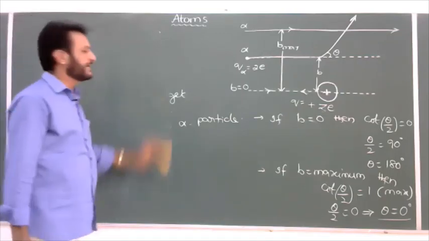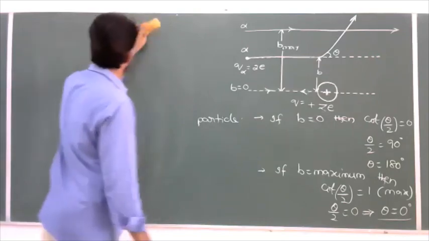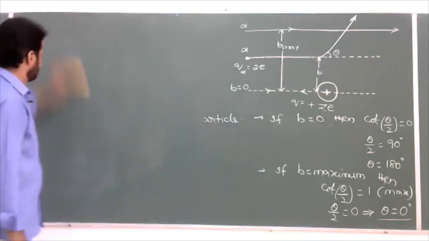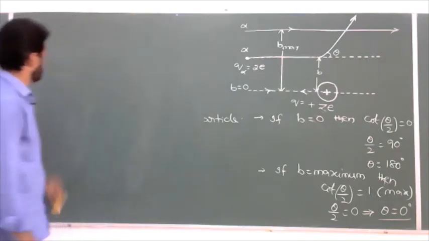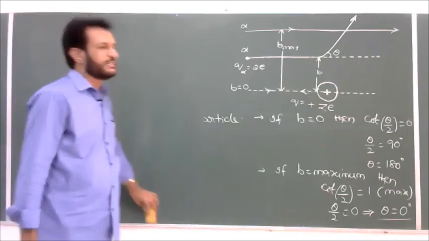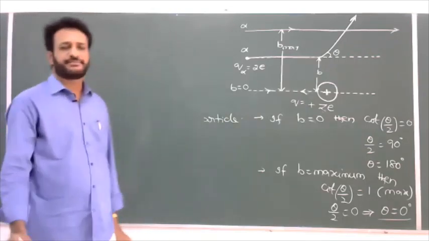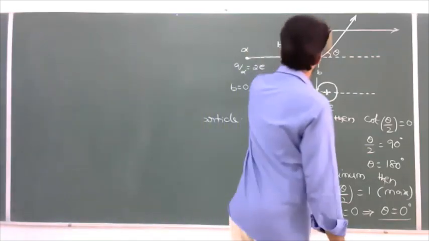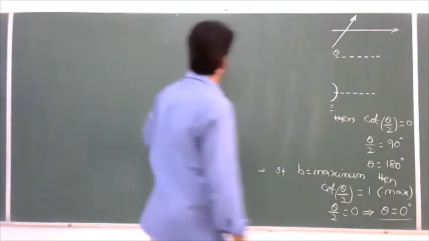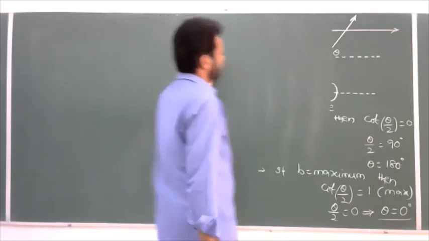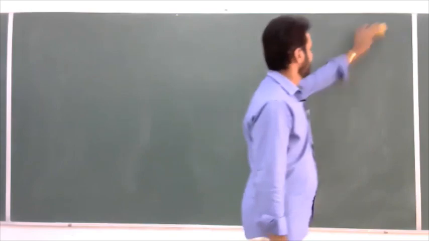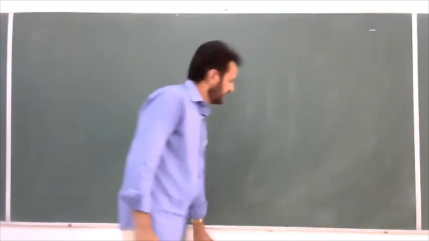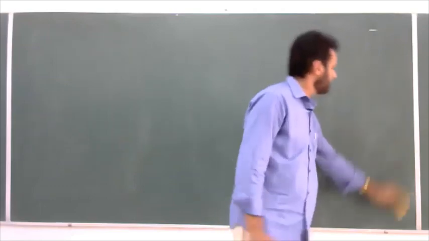By using the impact parameter, we can find the trajectory of the alpha particle. Trajectory means the path or shape of the alpha particle. So it is also related to the Rutherford alpha particle experiment only.